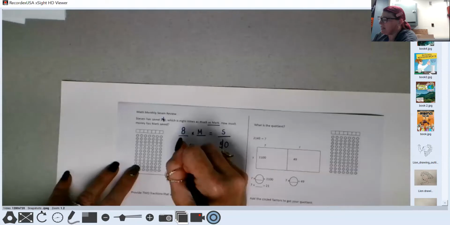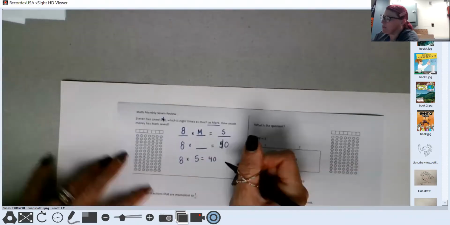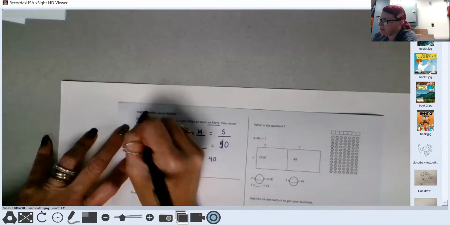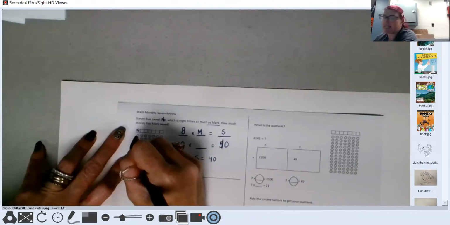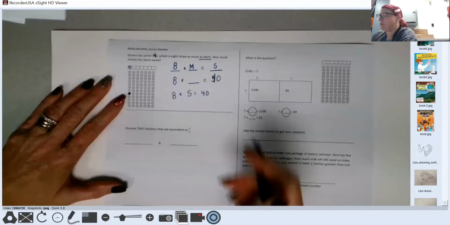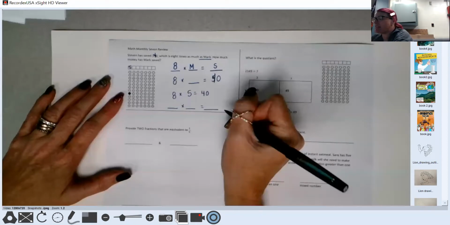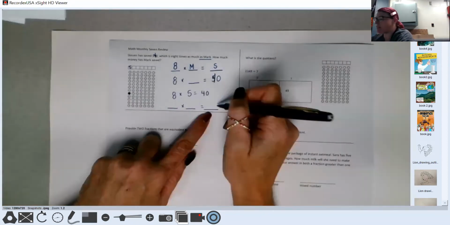So I know that 8 times 5 equals 40, which means Mark has saved $5. And I'm going to write my 5, and I'm going to bubble my 5 nice and neat. So remember, blank times blank equals blank, and that helps you figure it out. This is times as many, and the problem will tell you what times as many equals something else.